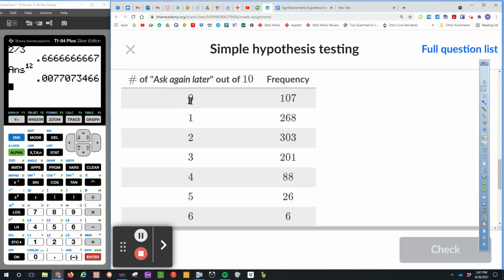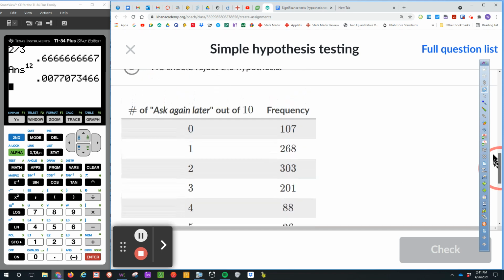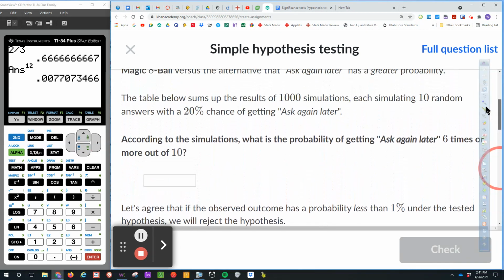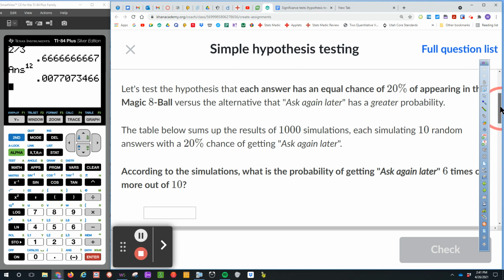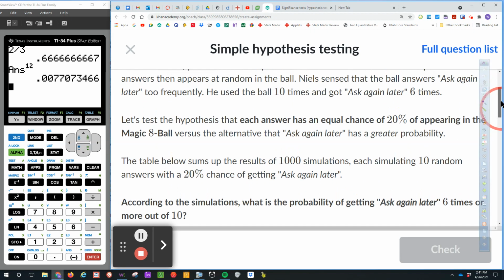Okay, so like 6 times out of 1,000, that only happened 6. But we wanted to see what our alternate hypothesis was. Our alternate hypothesis is that it has a higher probability.